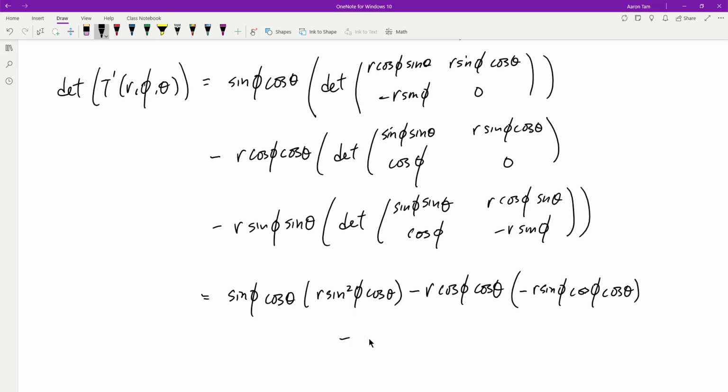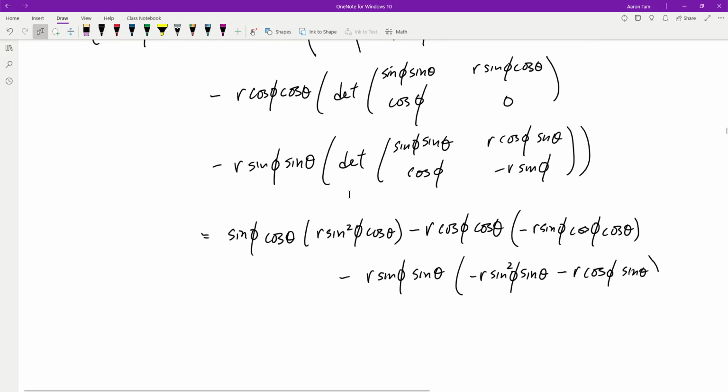And then minus again r sine phi cosine theta multiplied by the determinant of this thing, which actually comes out to have 4 terms because you don't have the 0 anymore. So here it becomes negative r sine phi squared sine theta minus r cosine phi sine theta.